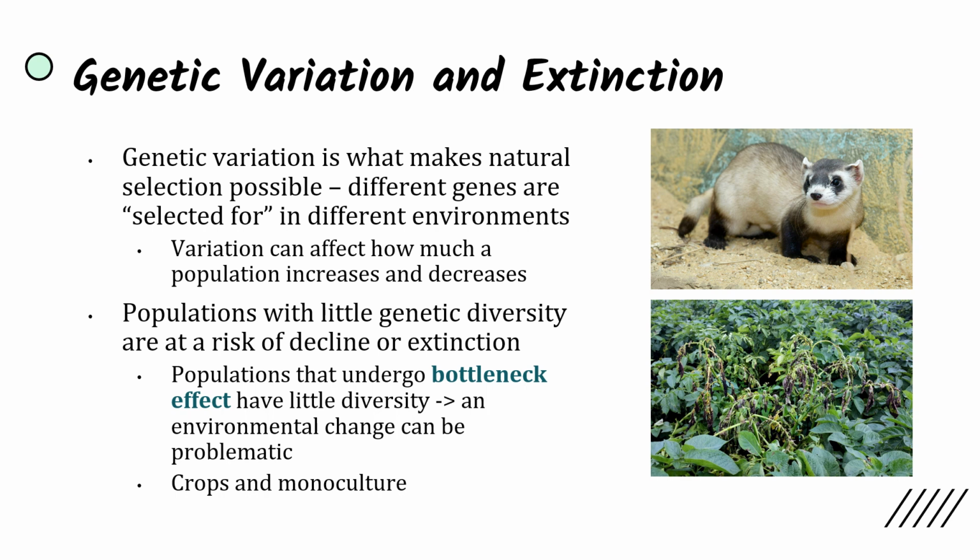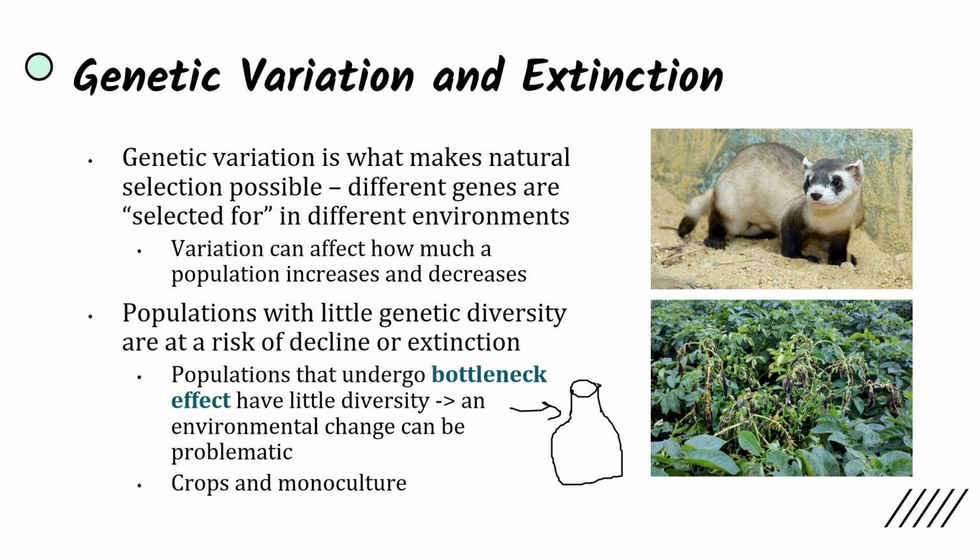And variation can affect how much a population increases and decreases, especially in changing environments where genetic variation becomes so key. And populations with little genetic diversity are at risk of decline or extinction, such as populations that undergo the bottleneck effect. And when you think about a bottleneck, here's my beautiful bottle. The bottleneck is going to be a lot skinnier than the rest of the bottle.